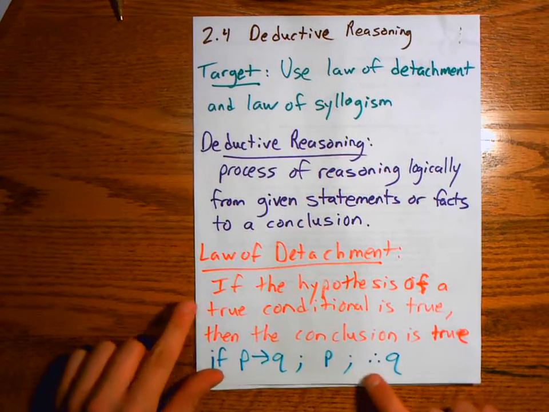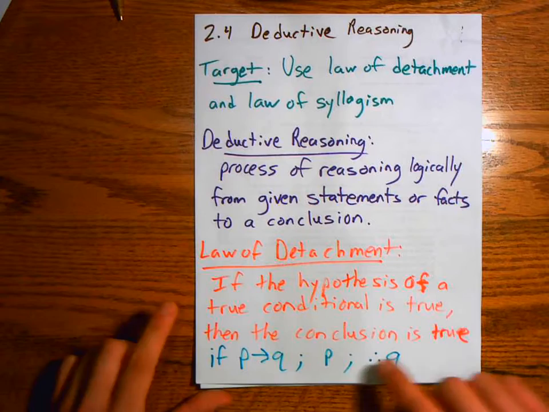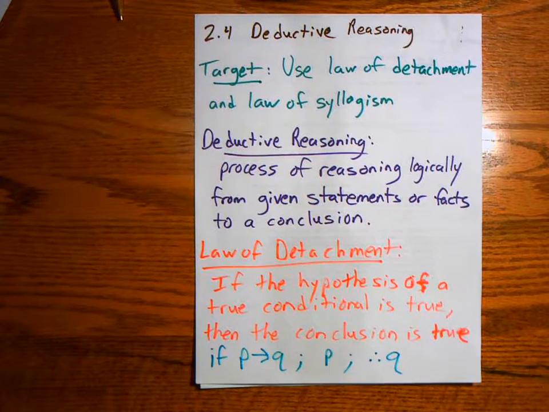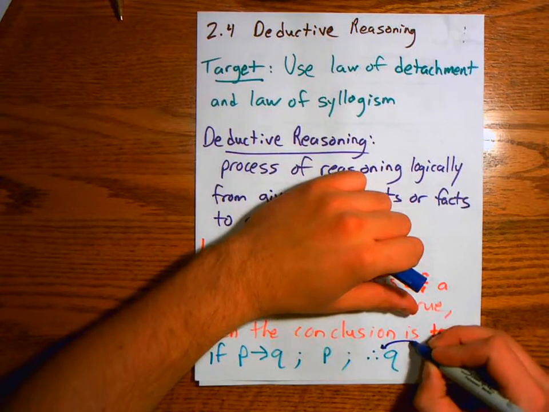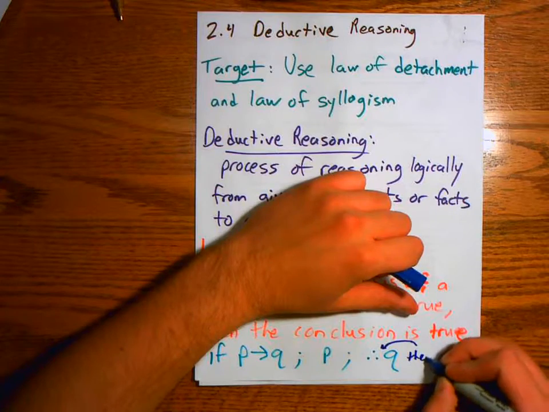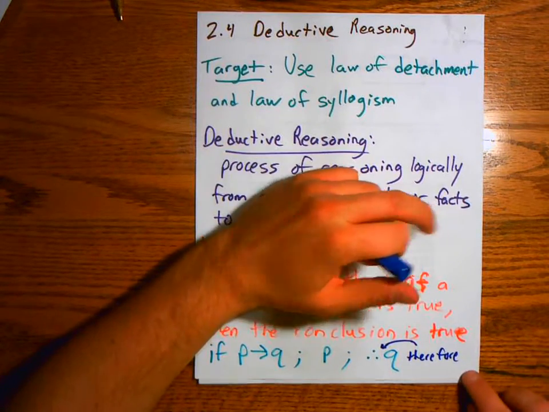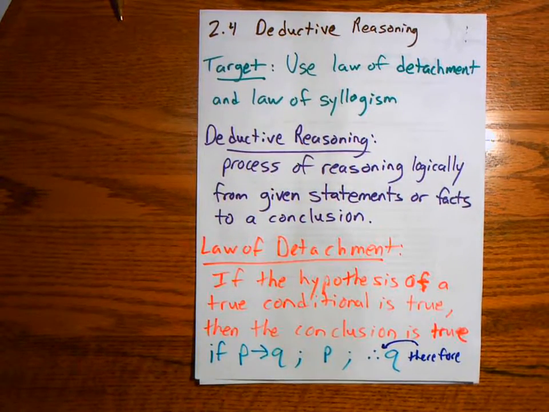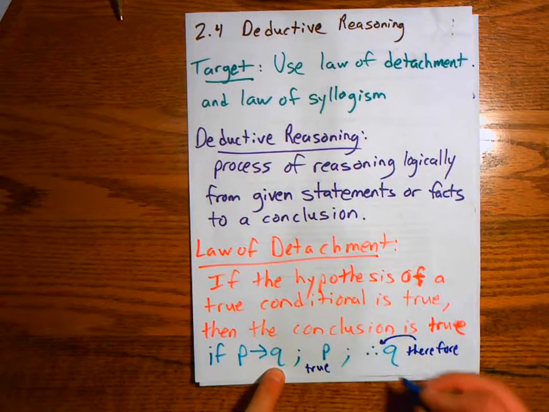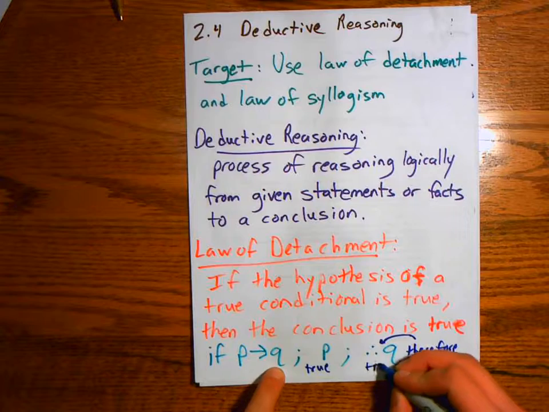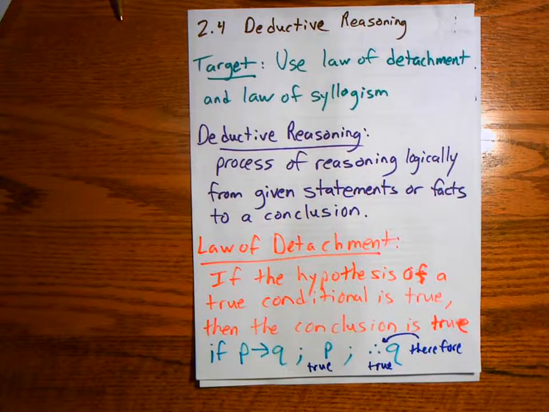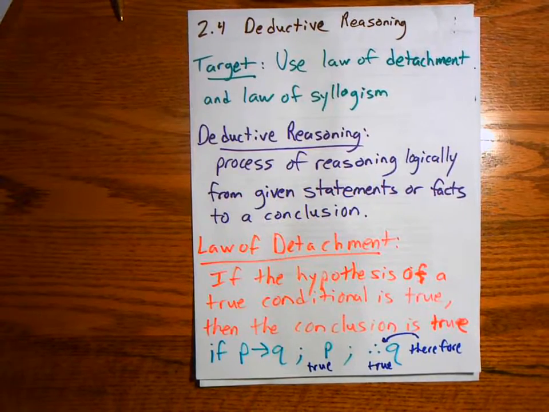These three dots in a little triangle, this symbol, mean therefore. So if P then Q, and P is true, Q, therefore, must be true. You cannot have a true hypothesis in a true conditional statement and have a false conclusion. Both of them must be true.